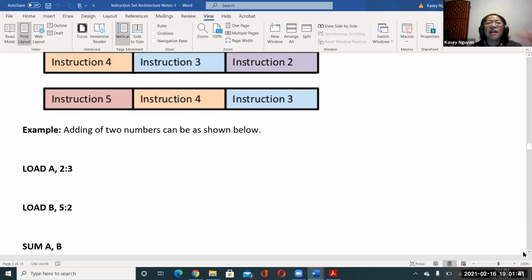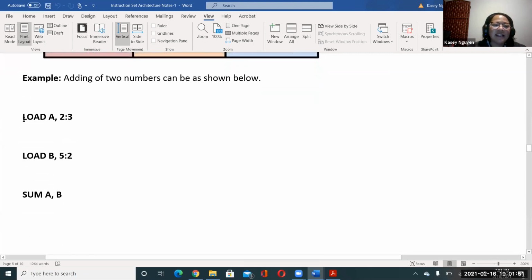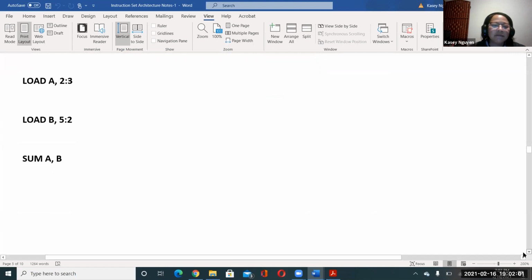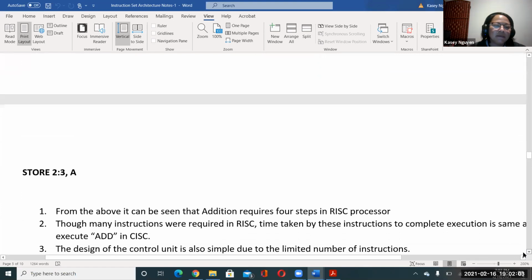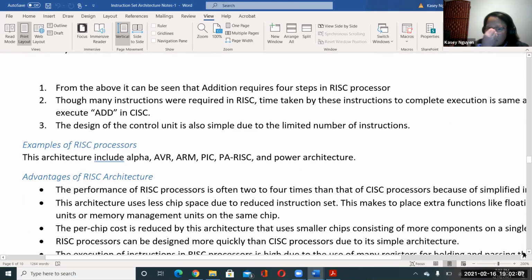Think of it like different types of commands for that processor. An example would be like this: load A, load B, bring them to the register, and then add. Okay, any other questions?